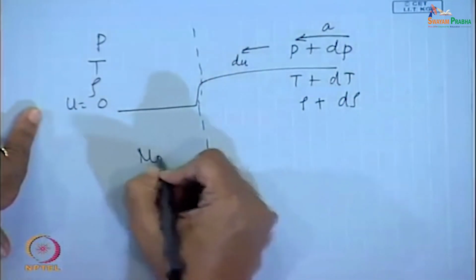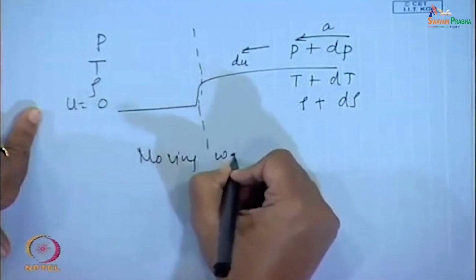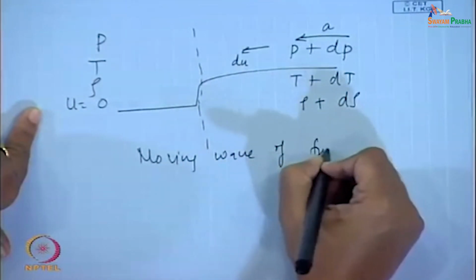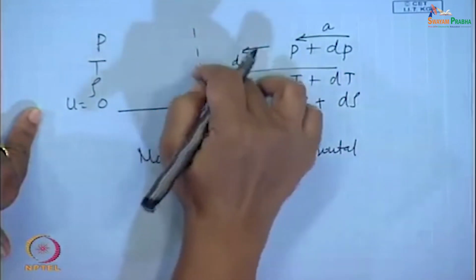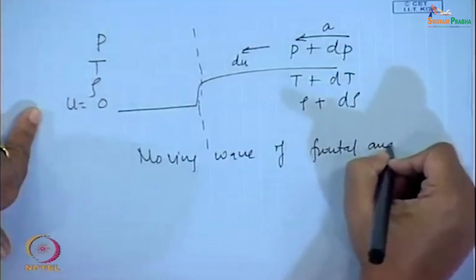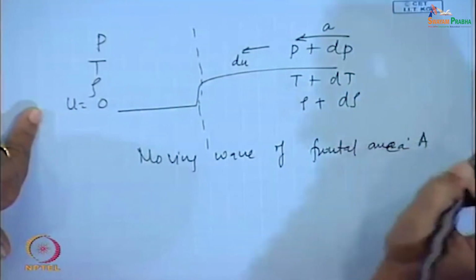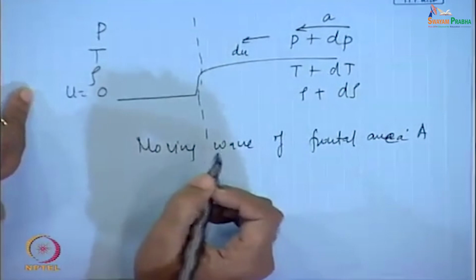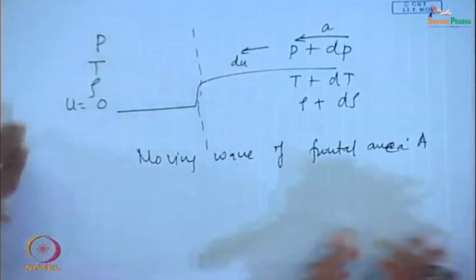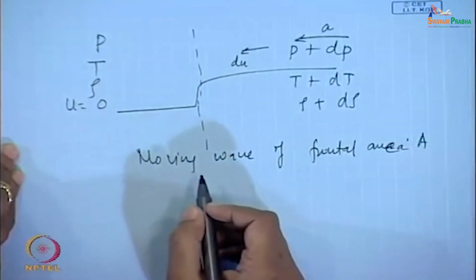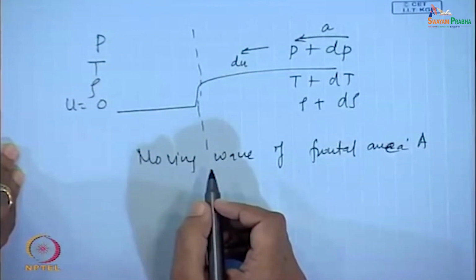So, what I have represented is a moving wave of frontal area, the cross sectional area through which it is moving, A. We find that the disturbance is travelling in the form of an elastic wave or a pressure wave through the medium.